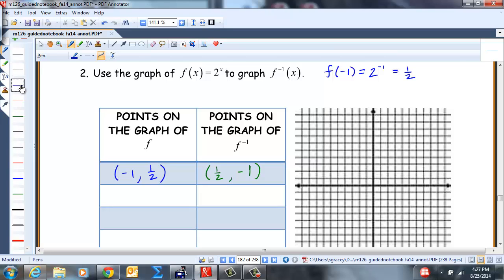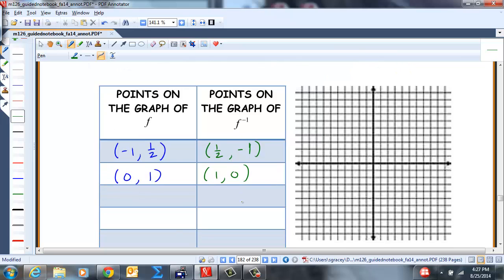If we plug in 0 to the original function, we'll have an output of 1, and on our inverse function we'll get 1, 0. Then if we plug in 1, 2 to the 1 is 2, and on our inverse function, which we don't know what it is yet, we'll get 2, 1.